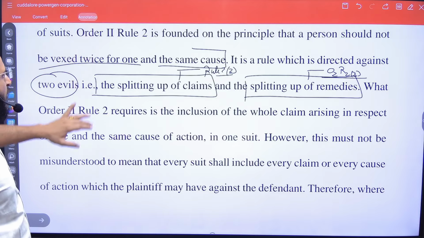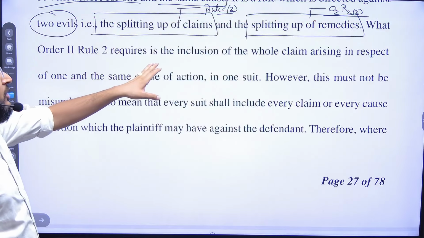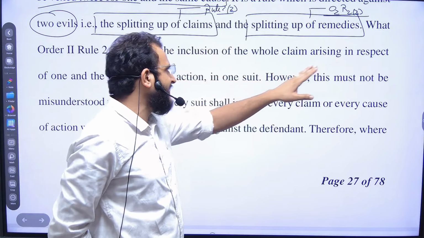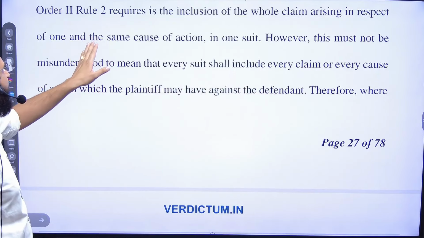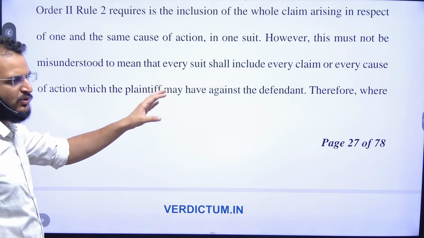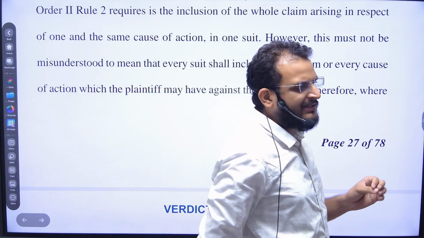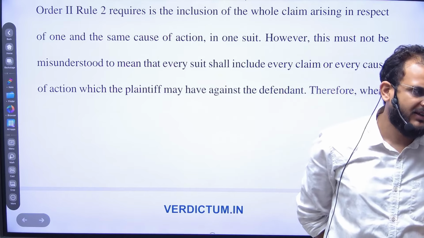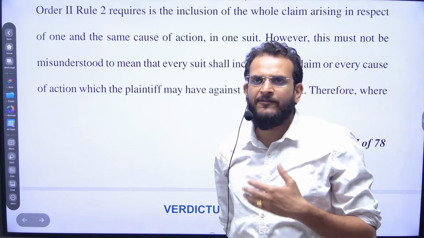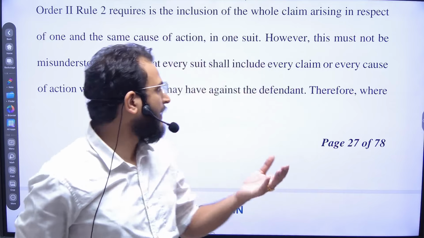What Order 2 Rule 2 requires is the inclusion of the whole claim arising in respect of one and the same cause of action in one suit. So if you are having a particular claim against someone, you have to raise that whole of the claim in one suit itself. There should not be any possibility of filing a subsequent suit thereafter.